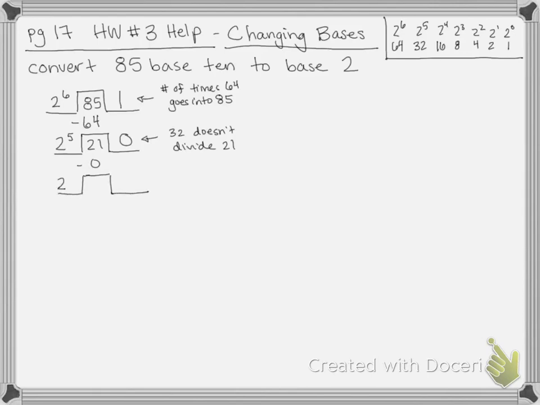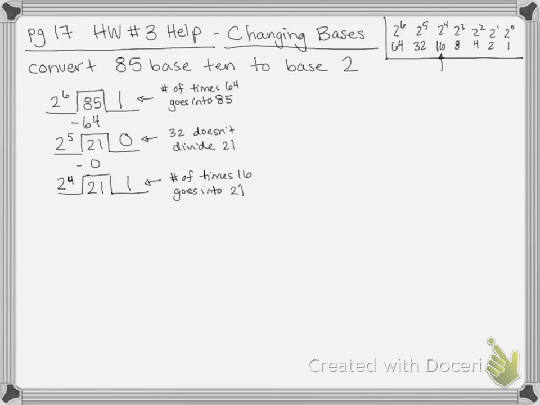The next power down the line is 2 to the 4th. And I'm still looking at 21. Now 2 to the 4th is over here at 16 up in our top right. And that does go in. So number of times 16 goes into 21.